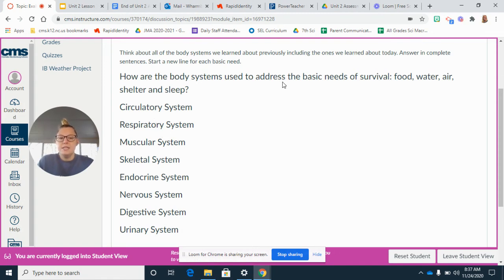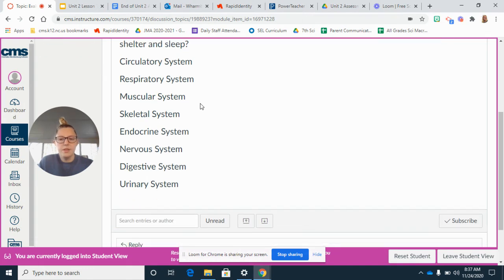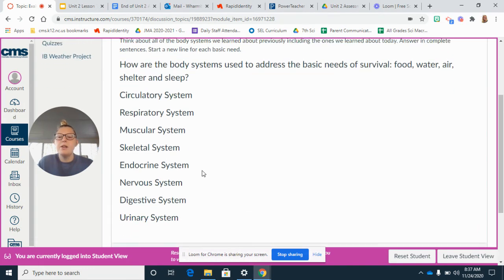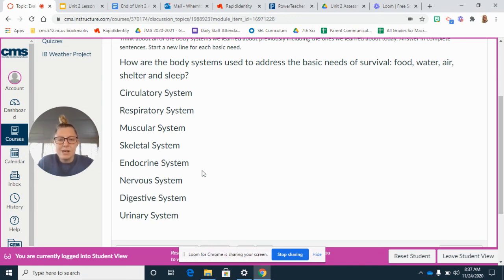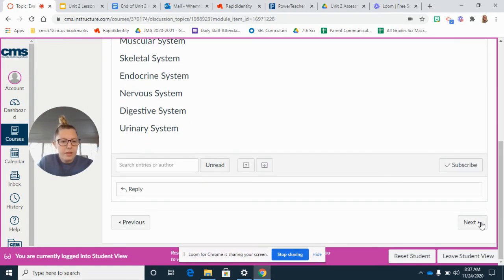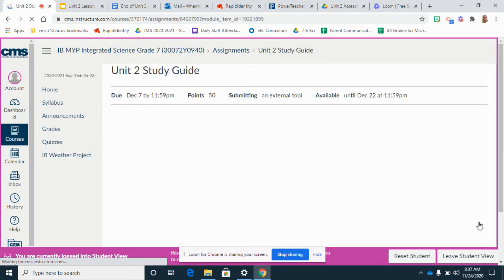How are the body systems used to address our basic needs: food, water, air, shelter, and sleep? You're going to have to tell me about each system, which I know seems like it's going to take a long time, but I promise it really will not. If you do need to go back to any of the previous units and look at the PowerPoints, you can do that. Go ahead and click on next.